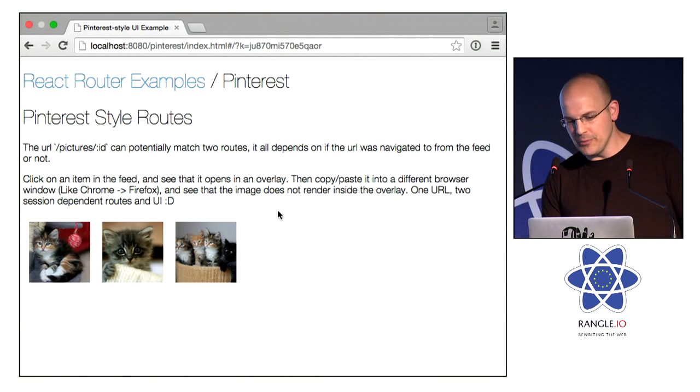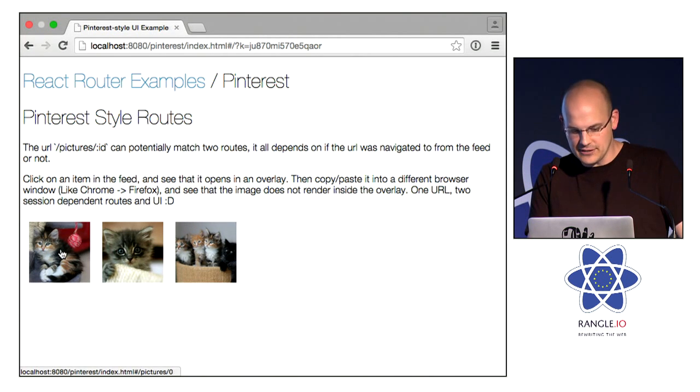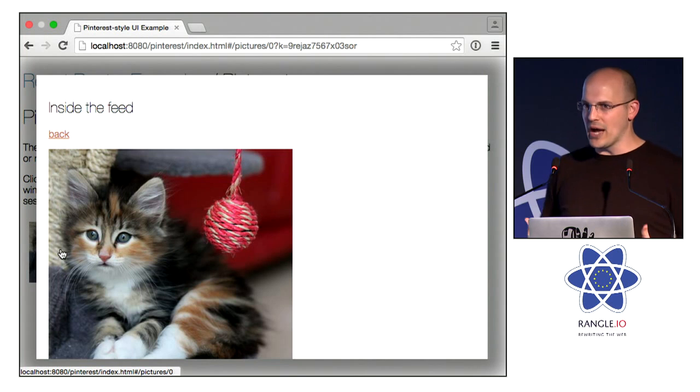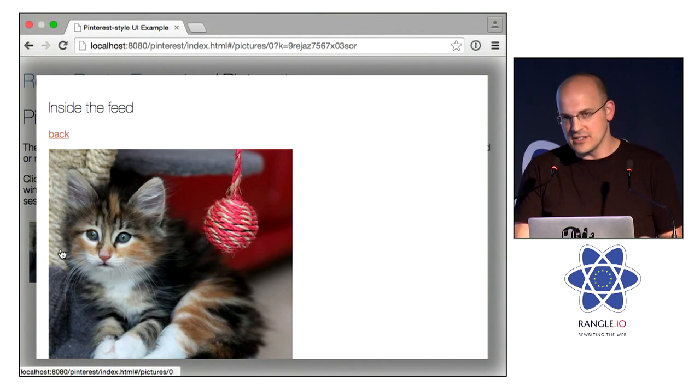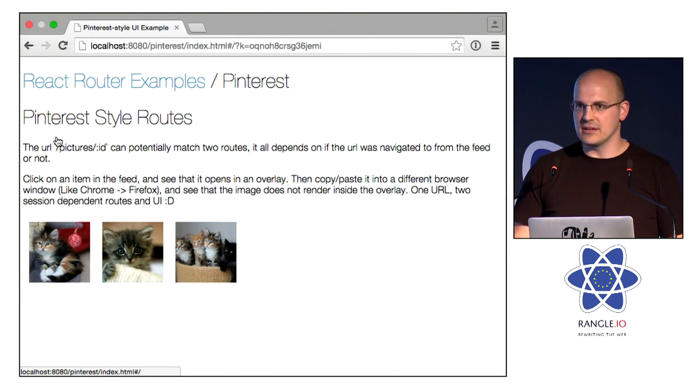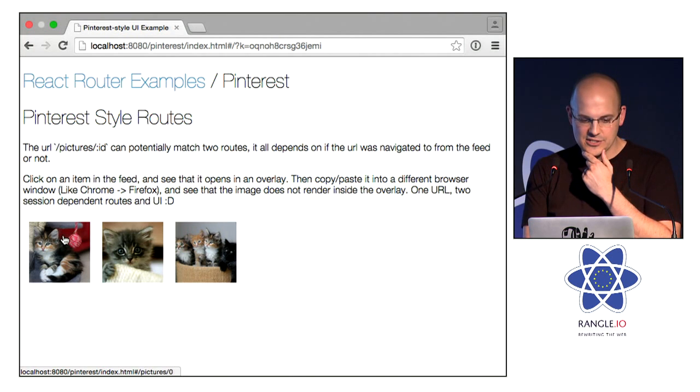So, you know, you might be browsing around on Pinterest and you might see a picture of a cute kitten and you're clicking on the kitten. But Pinterest doesn't actually want to take you out of the context of where you were browsing before. You were browsing in your feed before, and now you've clicked on this kitten. So you don't want to be taken to an entirely new page, because what if you just wanted to go back? That wouldn't be a very nice experience to take you out of context.